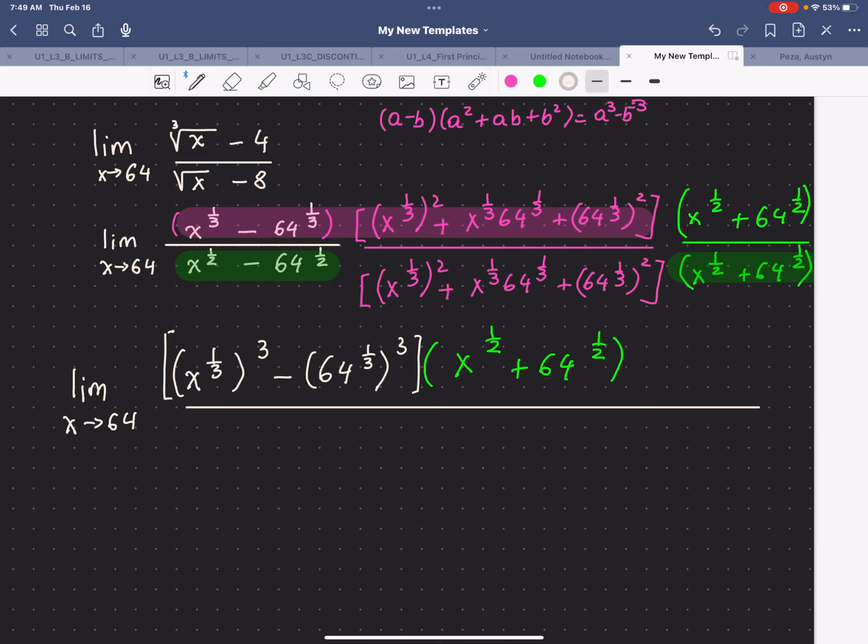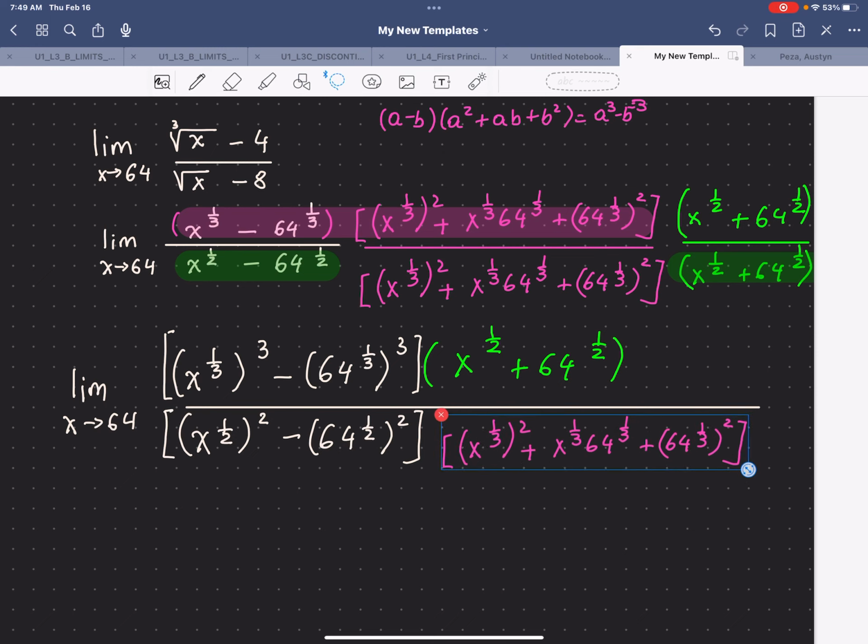That will give the difference of squares. So x to the power 1 over 2 squared minus 64 to the power 1 over 2 squared. We'll keep this in brackets because it's in binomial form, and it will get ready to multiply the other factor, which was the conjugate of the numerator.